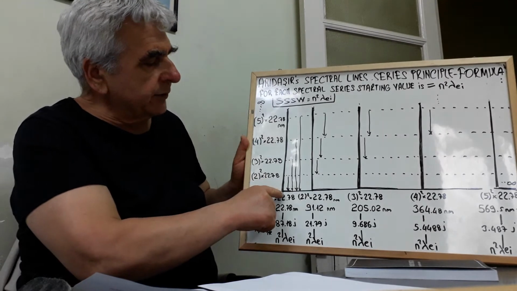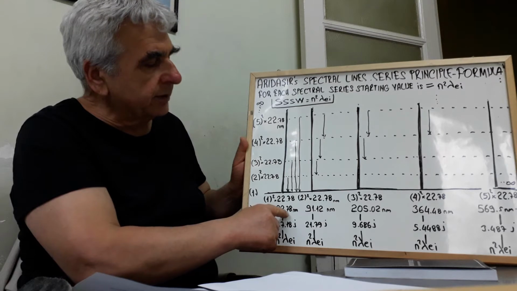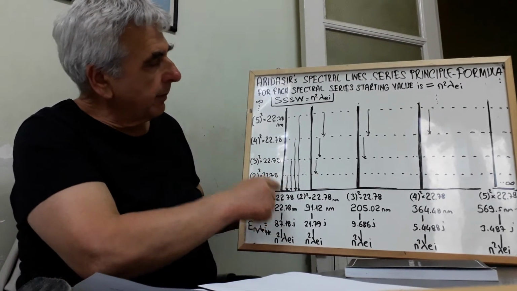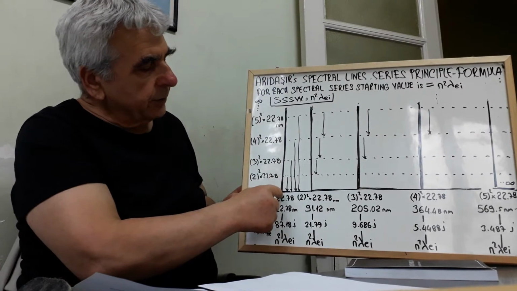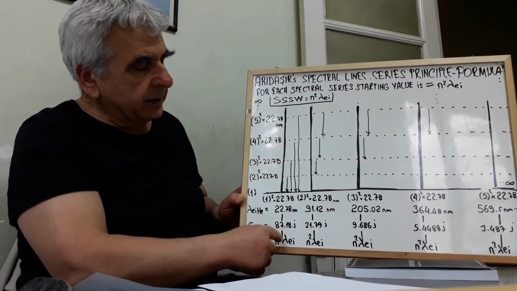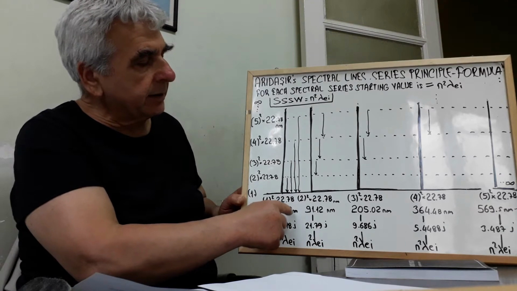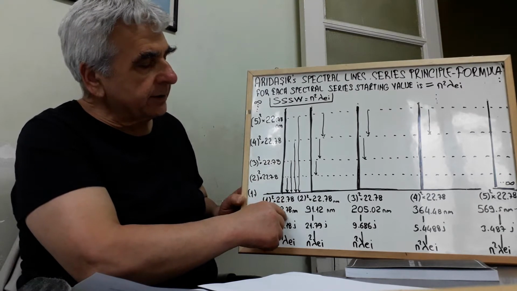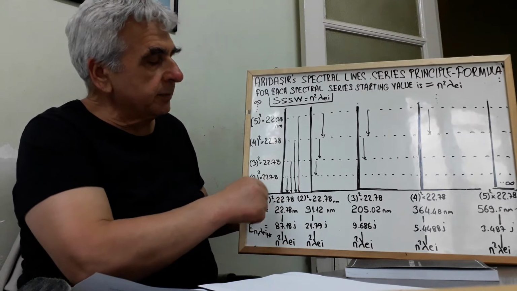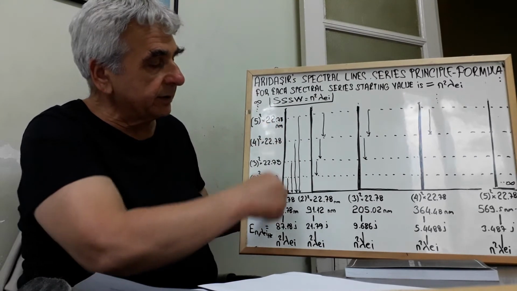First series starting value is 22.78 nanometer, because this is first, n equal to 1, and n squared lambda EI is equal to 22.78 nanometer. This value is the starting value of helium spectral series, first series starting value.